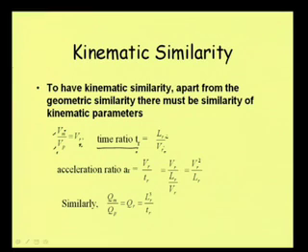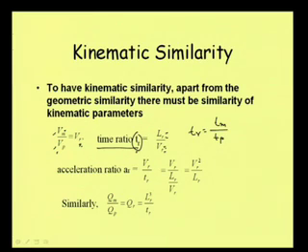We already know the geometric similarity and kinematic similarity, the length ratio and the velocity ratio. So, taking the length ratio by the velocity ratio, we get a different ratio, that is called time ratio. So, the time ratio is equal to the time of the model divided by the time of the prototype.